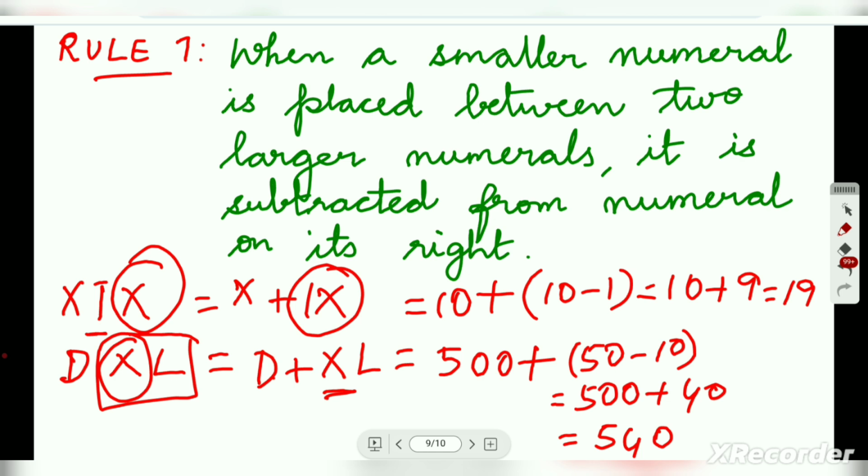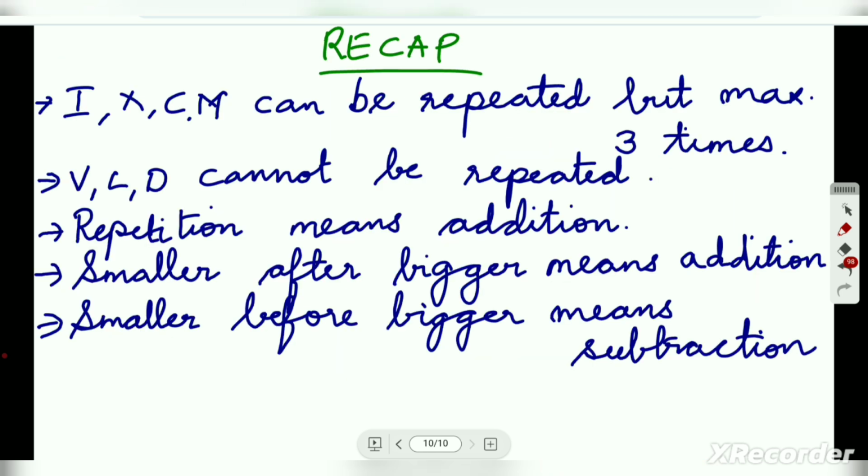Right? Now, let's quickly revise the rules which we have learned. The first one is I, X, C, M can be repeated but only 3 times, maximum 3 times. The next one, V, L, D cannot be repeated. The next one, repetition means addition.